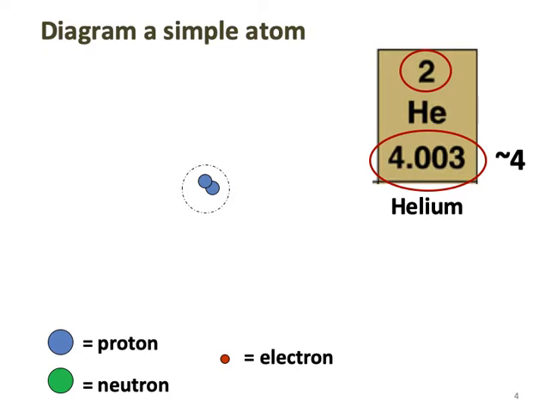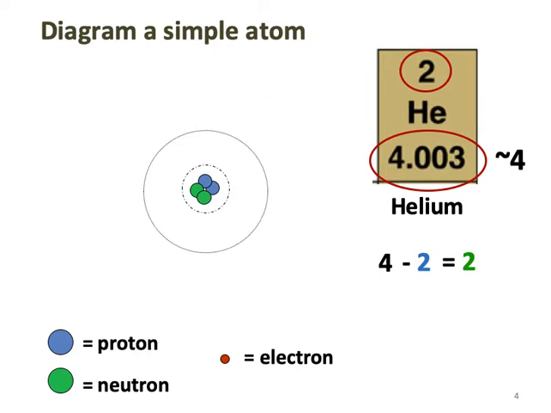So the atomic mass represents the weight of protons and neutrons. So how do we figure out how many of these are neutrons? Well, we just take the atomic mass, 4, and subtract the number of protons, and what we're left with is the remainder, which is 2, and that's the number of neutrons. So we'll put 2 neutrons in that nucleus.